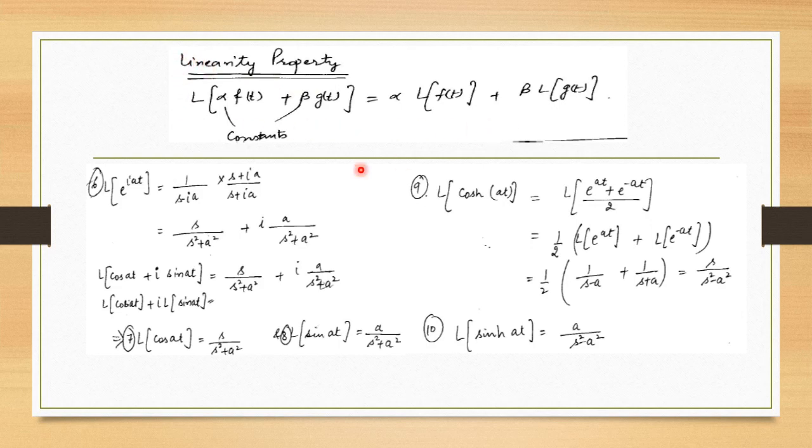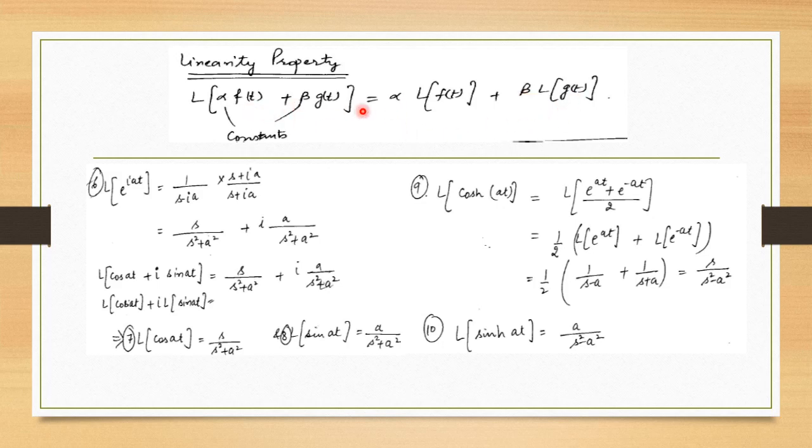Next, we will find out the Laplace transform of cos at and sin at. To find this, we will use this property, called the linearity property. This property says the Laplace transform of alpha times some function plus beta times some function is alpha times the Laplace of f(t) plus beta times the Laplace of g(t), where alpha and beta are constants.